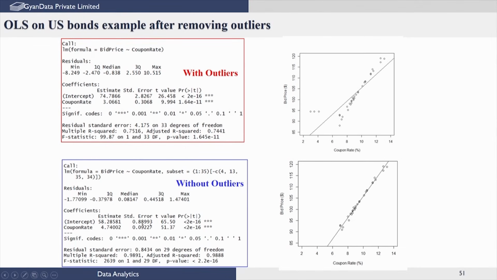Again the tests on the intercept and the coupon rate or slope show that they are significant, and therefore you should not assume that they are close to 0. It also shows that the F statistic has a low p value, which means you reject the null hypothesis that a reduced model is adequate, which means the linear model with the slope parameter is a much better fit.